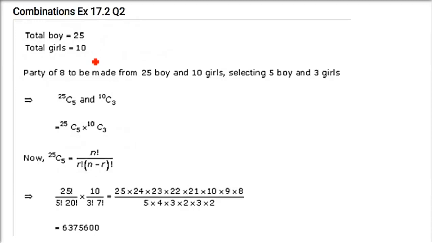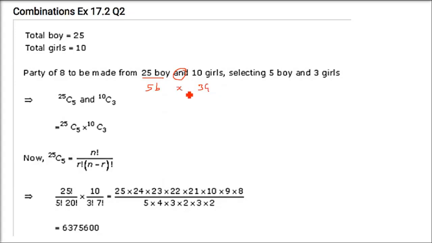How many different board parties of 8 consisting of 5 boys and 3 girls can be made from 25 boys and 10 girls? So 25 boys are there, you have to select 5 from these boys, and 10 girls are there, you have to select 3 girls. So that means it is an "and".